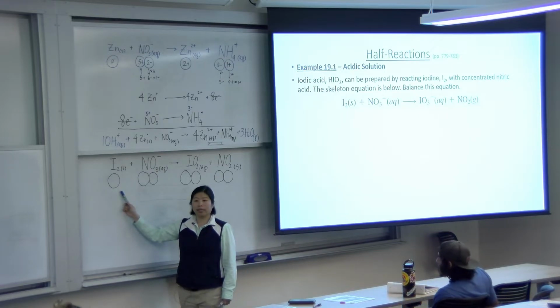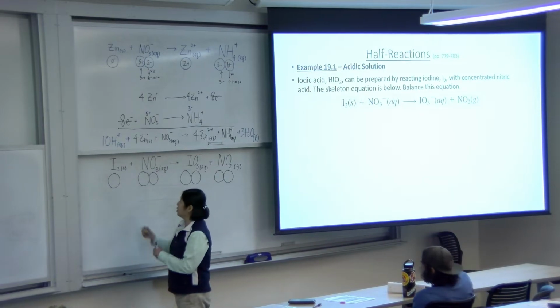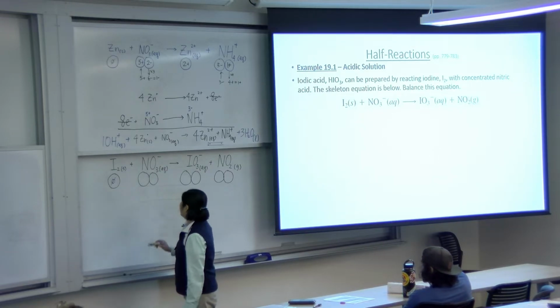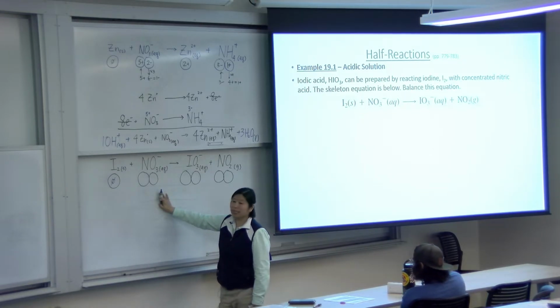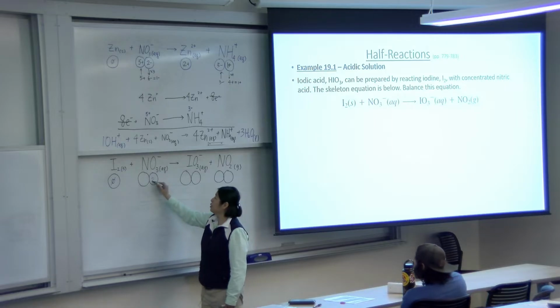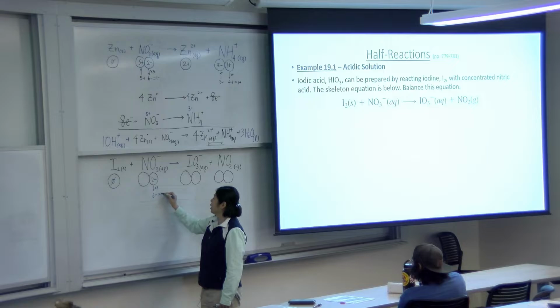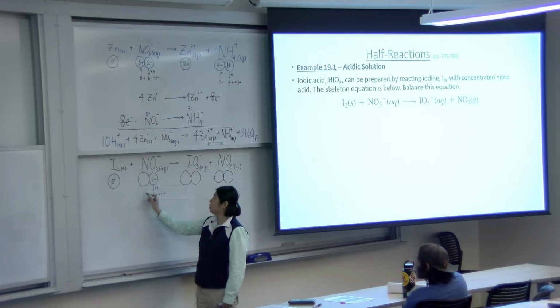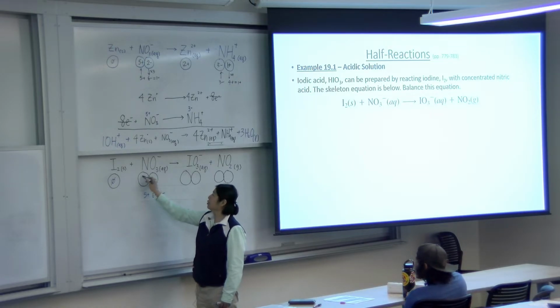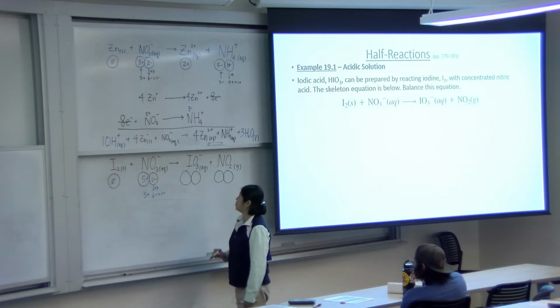So what is the oxidation state, Uriel? 0. It is 0. Okay. NO3, we just did this, right? 2 minus times 3 gives us 6 minus. We're going to bring down our overall charge of 1 minus to get 5 plus.